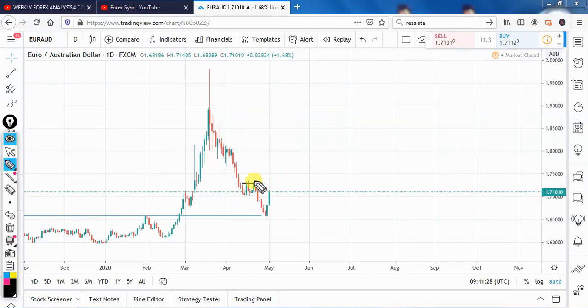However, for this pair to get me interested, I want to see a break of this spike high in here and a nice close. This spike high is at roughly 173.50 zone, so it needs to go a bit above this 173.50 zone, and then also a nice bullish close candle.